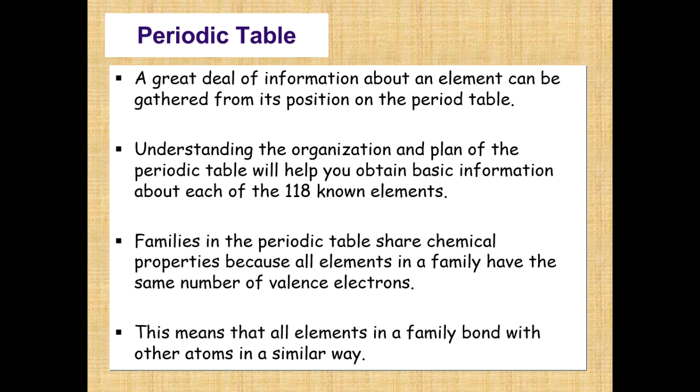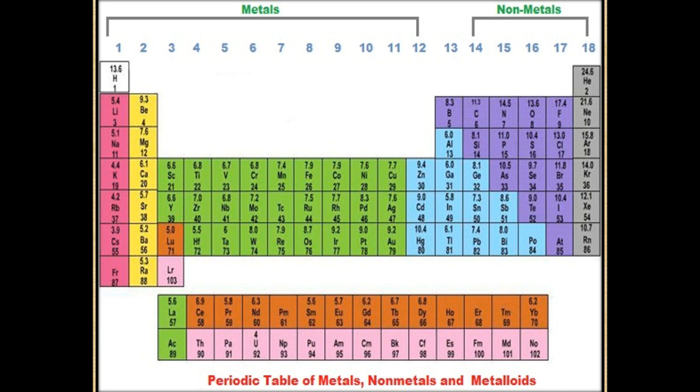When we discuss the periodic table, a great deal of information about an element can be gathered from its position on the periodic table. It means from the periodic table we know which are metals or non-metals, and as we previously saw, on the left side we have metals and on the right side we have non-metals.